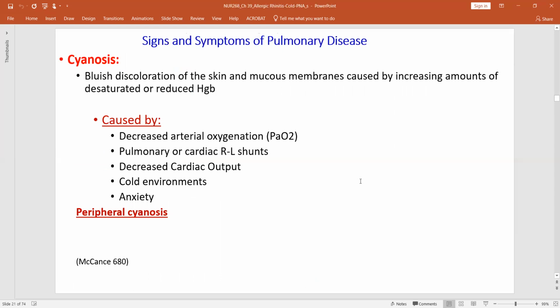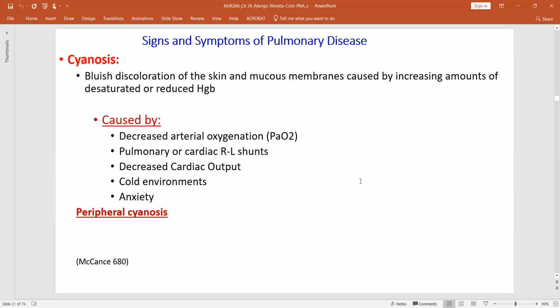Cyanosis is the bluish discoloration of the skin and mucous membranes caused by an increased amount of desaturated, or in other words, reduced hemoglobin. Cyanosis will occur when 5 grams of hemoglobin is desaturated, regardless of the hemoglobin concentration.